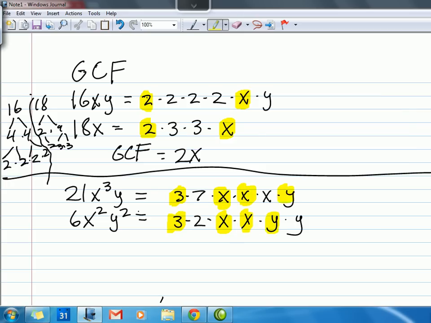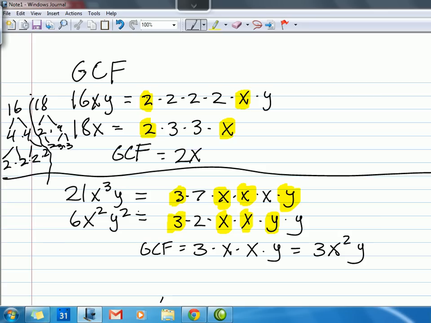Then they have a y in common. We put all that together, and that gives us our GCF. So the GCF equals 3 times x times x times y, which altogether gives us 3x squared y.